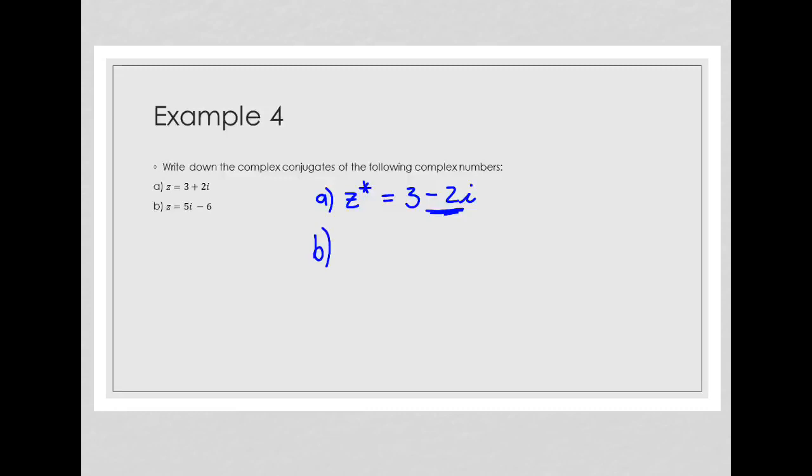Like for instance in B, here Z star will be +5i and we keep the -6, minus 6. Right, so take note of that. Only the sign of the imaginary part changes.